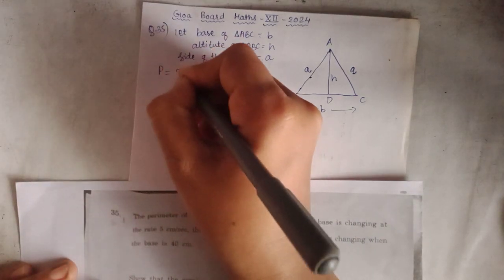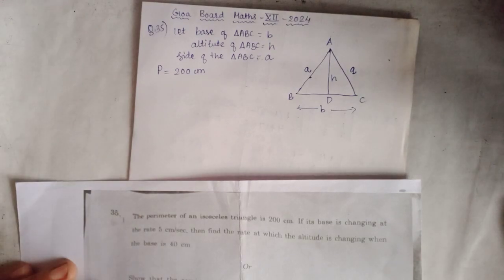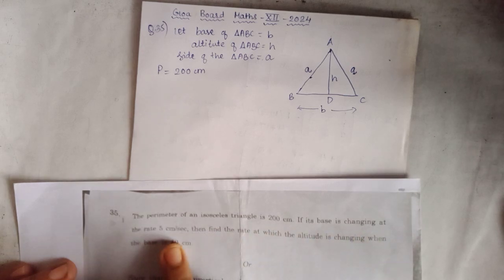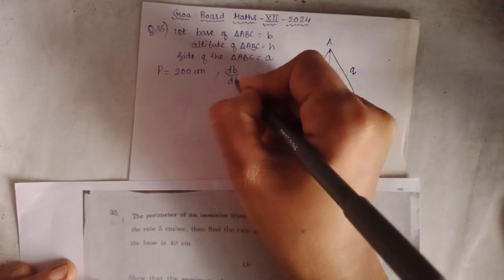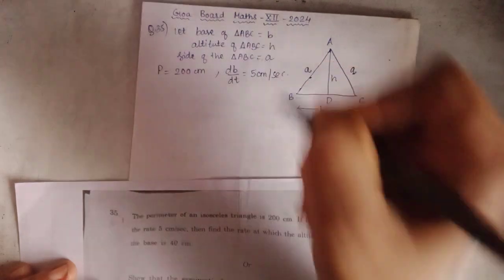Then its base is changing at the rate of 5 centimeter per second. So base is changing, dB by dt is 5 centimeter per second.